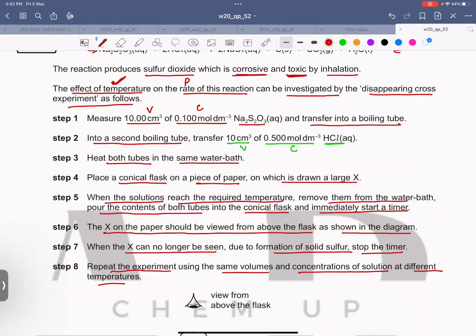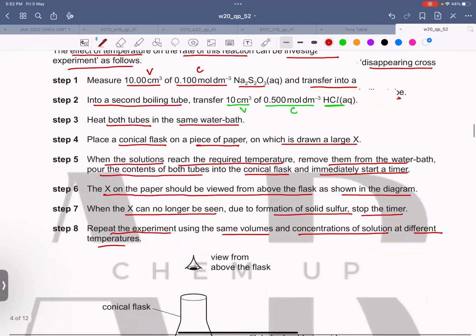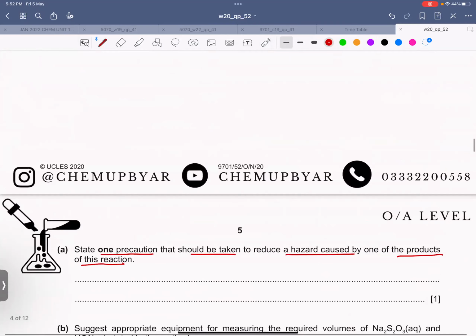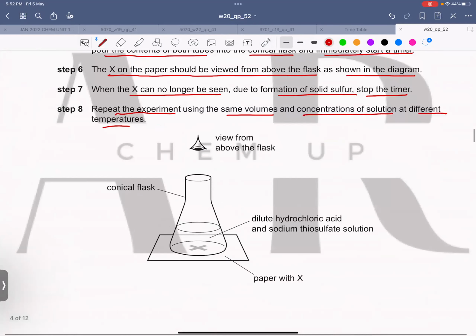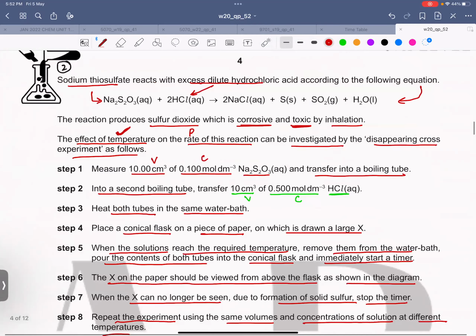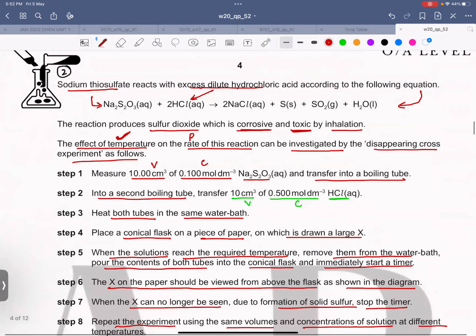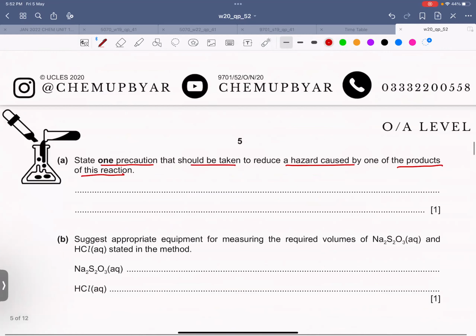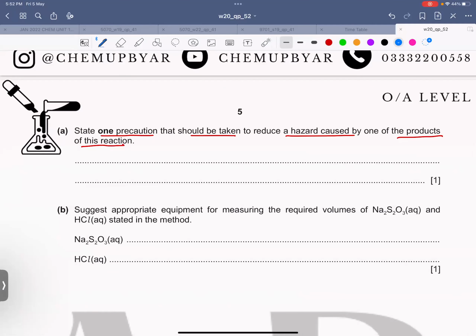Okay. Now, state one precaution that should be taken to reduce the hazard caused by one of the products of the reaction. So as they have told us that it's corrosive and toxic by inhalation, we have to prevent inhalation of that gas. So what we would do is perform it in a fume cupboard.